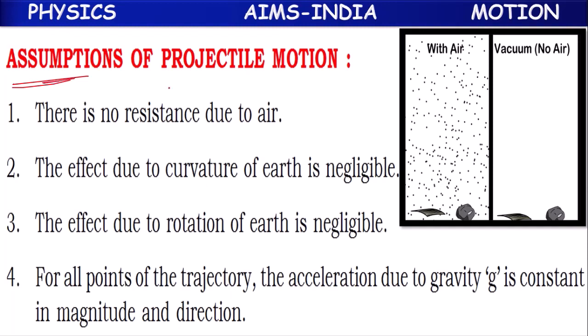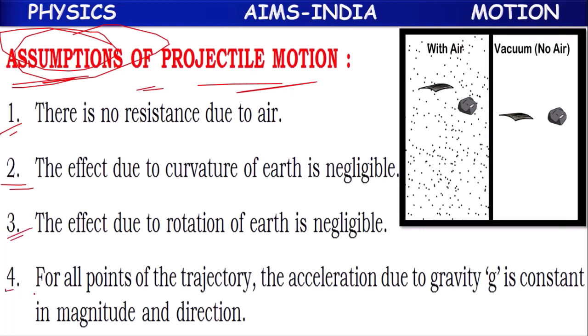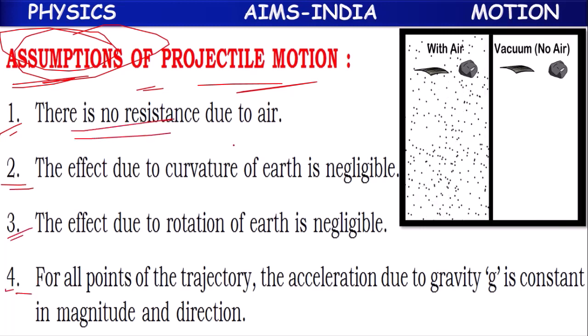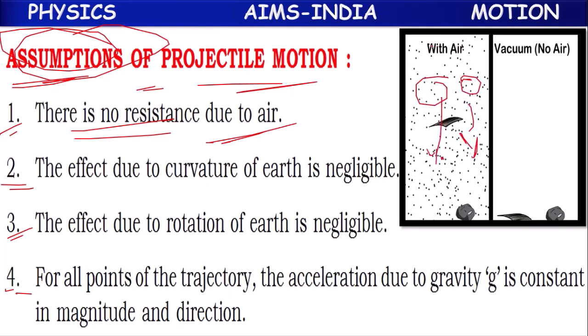Next, assumptions of projectile motion. If any projectile motion is happening, we have to assume that the statements below are true. There is no air resistance, because if two objects are falling down when air is there, the lightweight one will be slowed by air resistance and fall to the ground late, while the stone will fall early.